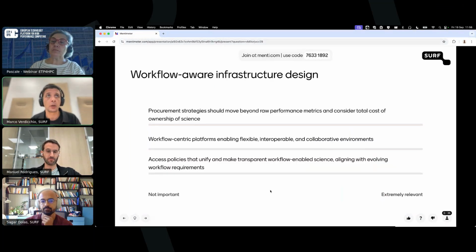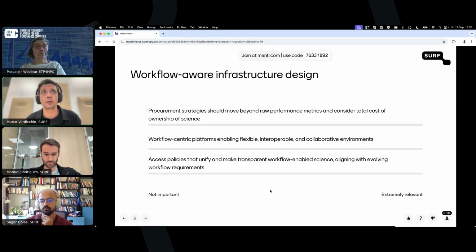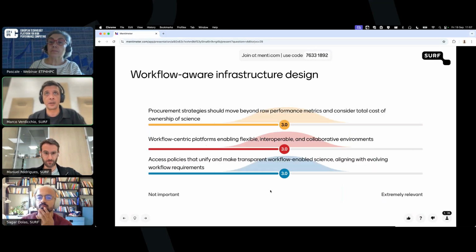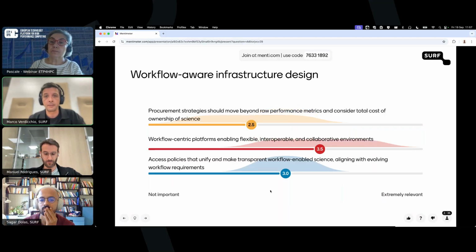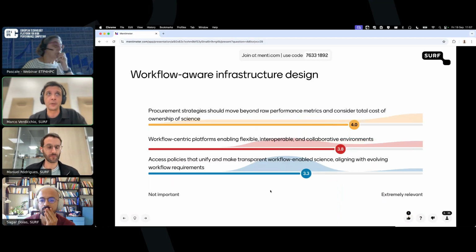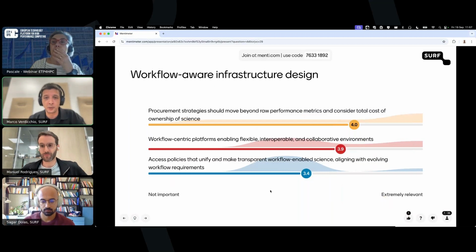Yes. So the second part of recommendation is on the workflow-aware infrastructure design. So similarly, provide your level of priority for procurement strategies that should move from just metrics based on raw performance, and should more include science-based metrics that consider what we call here the total cost of ownership of science.